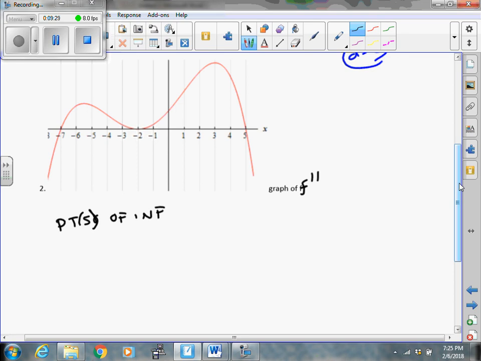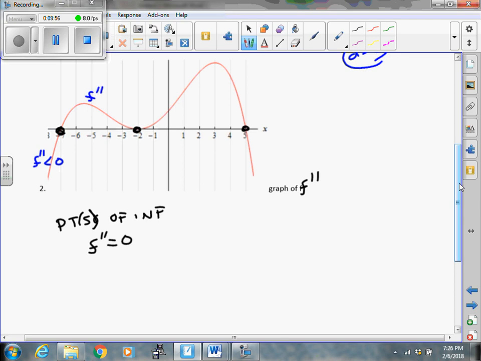So I'm still looking for where the concavity changes. So first, let's find where the derivative is 0. That occurs here, here, and here. If this graph is my double derivative, then my double derivative here is negative.